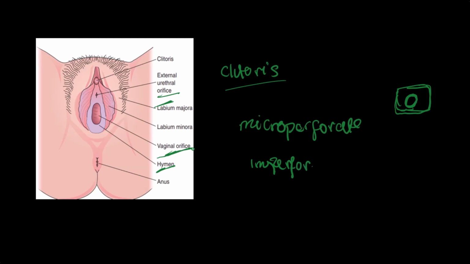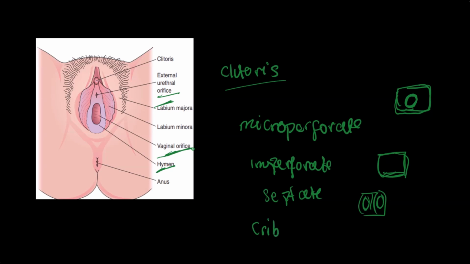Okay, then we have the imperforate hymen, where the hymen totally covers the vaginal opening and leaves no exit for menstrual flow. We also have the septate hymen, where we just have like a band of tissue and then an opening here and another opening here.